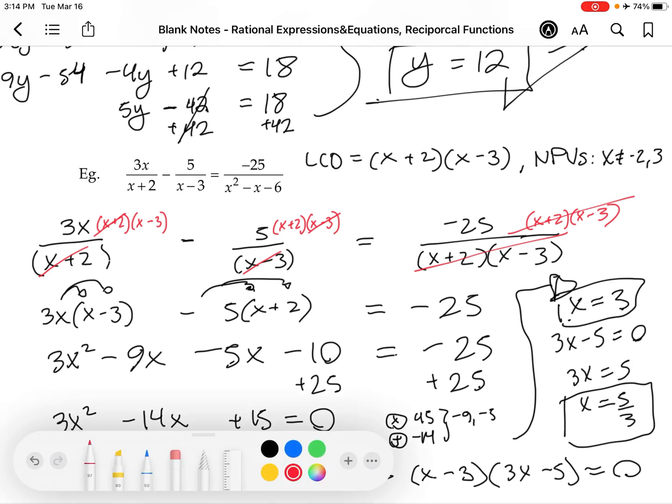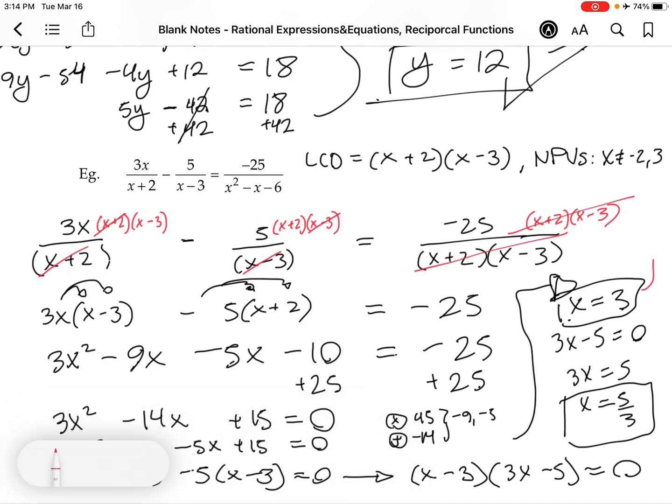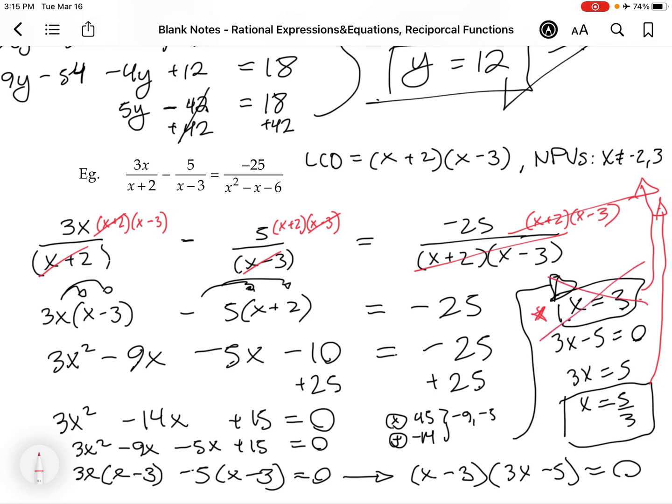Okay, now what I have to do is go and check here. And what I can see is that one of my solutions is one of the non-permissibles. And so this guy needs to be eliminated.